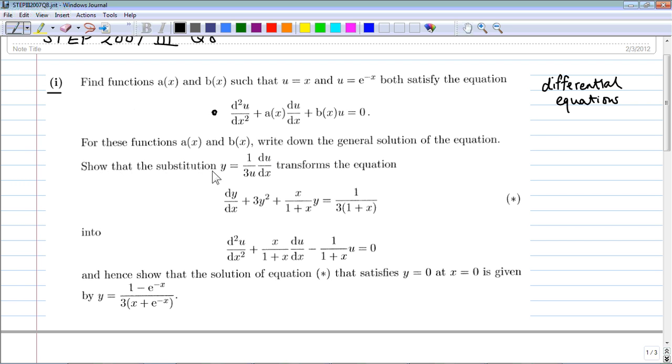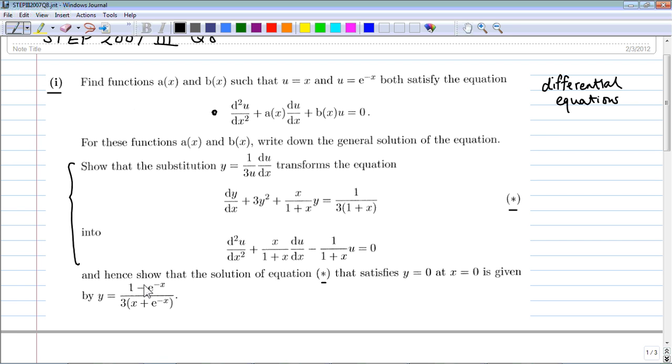And then it says show that this substitution transforms this equation into this equation. Although this takes up a lot of space, it is actually quite a small part of the question, because they're telling you exactly what to do here. And from that knowledge show that the solution of star, so this equation here, that satisfies y equals 0, x equals 0 is given by this.